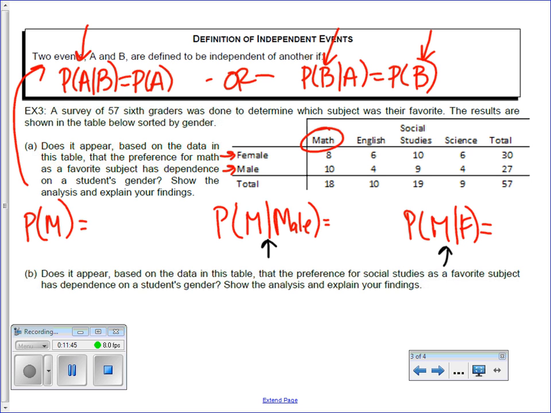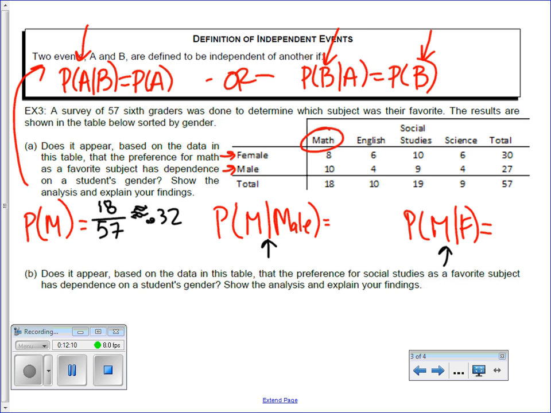Okay, so first, probability of liking math. Well, there are 18 people total who said they liked math, and that is out of 57 people total. So that's about 0.32. I'm only rounding to decimals just so I can compare these three quantities. Then I'm going to do probability of math given that they are a male.